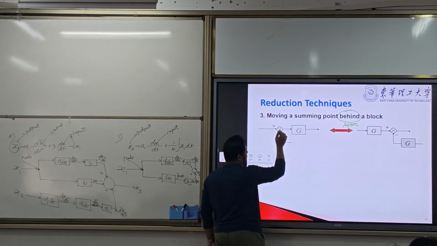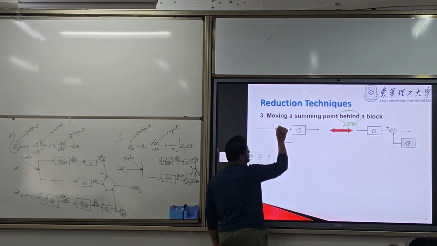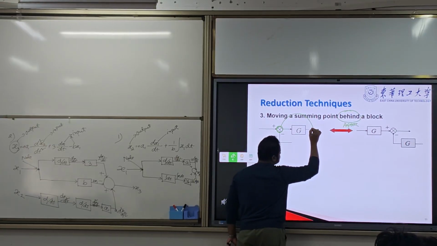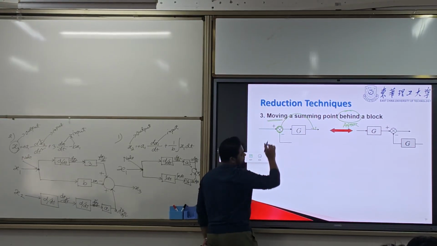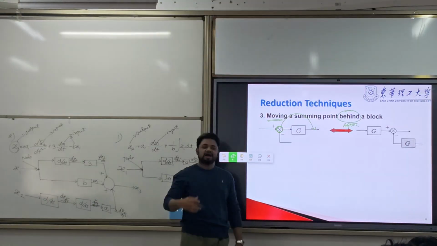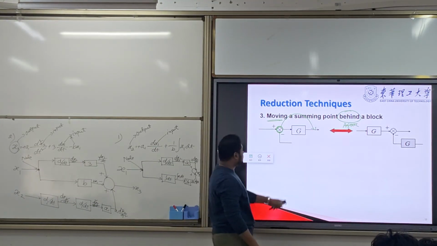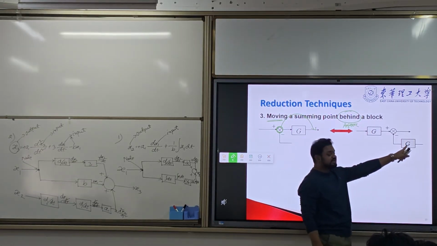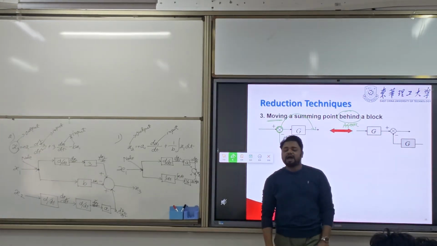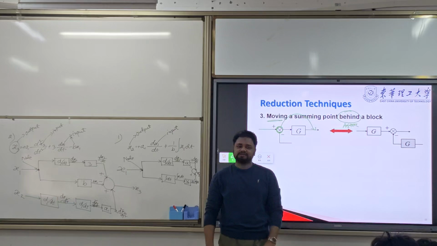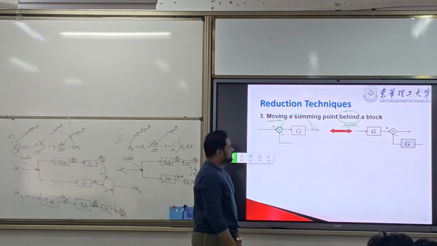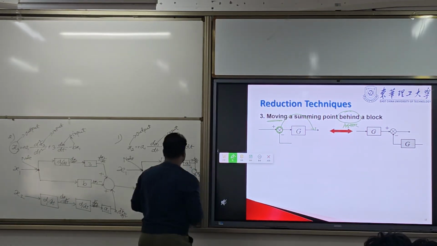Here, I have a summing point, and I want to move this summing point after a block. So what will happen? We need to multiply with a gain G, the same gain. How can we derive it? Let's do it.